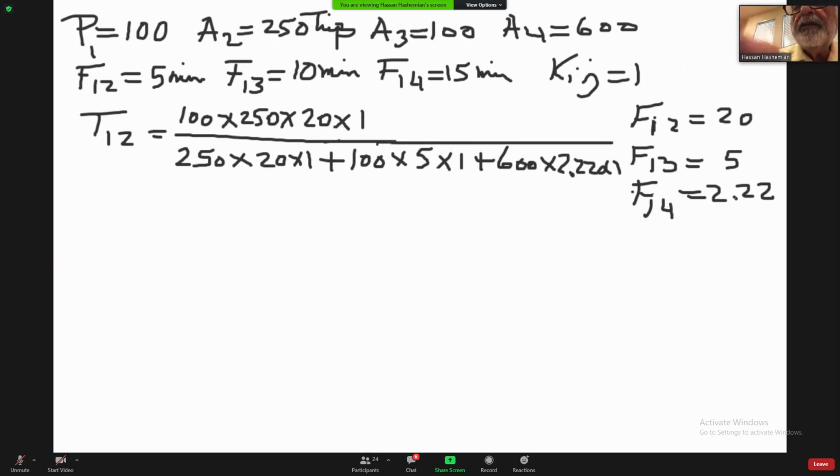Okay, so you calculate that. So your T12 will be the numerator will be 5,000.